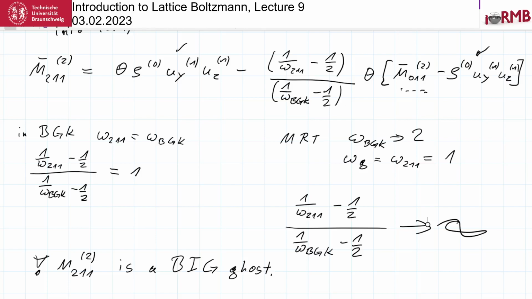So now the assumption is that ghost moments appear in the asymptotic analysis later, so we ignore them, but we cannot ignore them when they are very, very big. So then they make trouble. So this is a big ghost, it makes trouble.